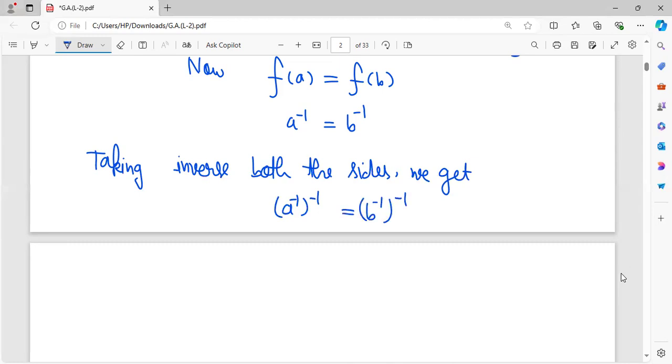In a group, if you take the inverse of an element two times, you will get that element back. So I am taking the inverse of A inverse, and it is nothing but A, and similarly here B. So I started with FA equal to FB and I got A equal to B. This implies F is 1-1.